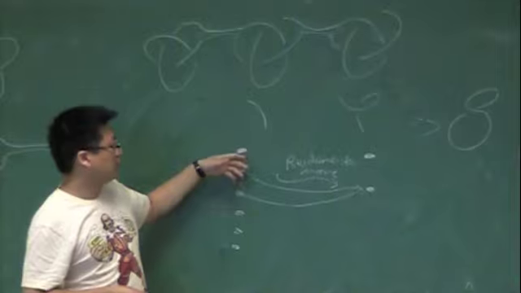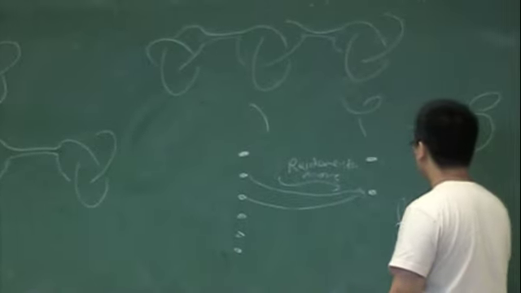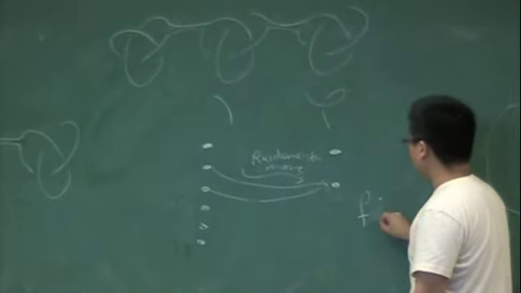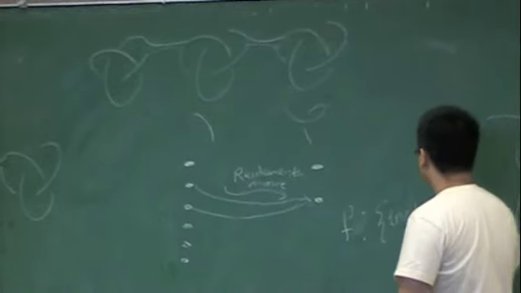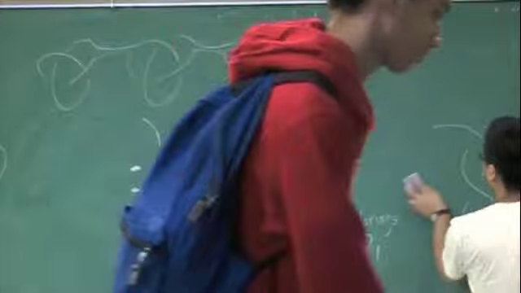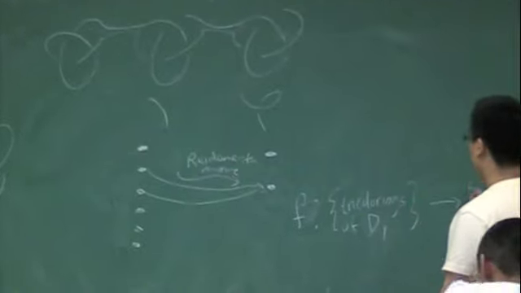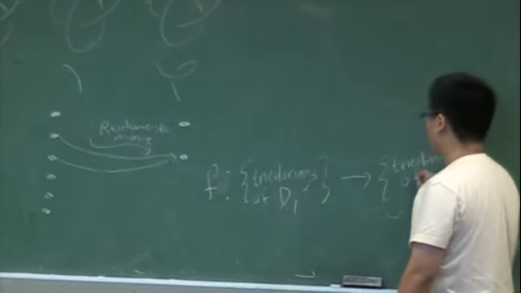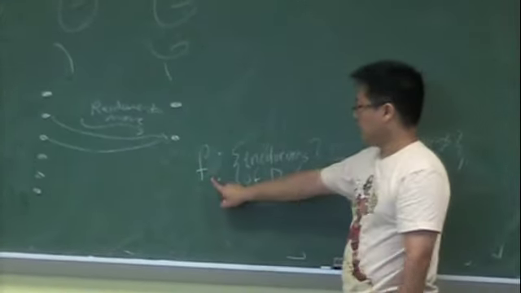The function, I guess you would define, sorry to be a little formal here, but I think it makes it clearer. It's a function that takes a tricoloring of one diagram, say call it D1, to a tricoloring of the other diagram, D2.